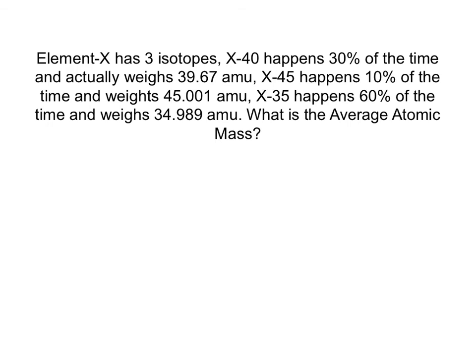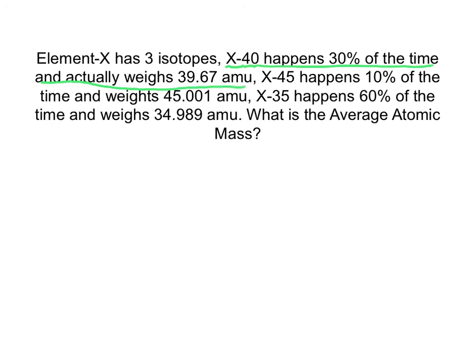All right, so here we go. This one is written as difficult as I could write them out, and you're going to see that it's still the same process. We're going to read through it together. It says element X has 3 isotopes. The first one, X40, happens 30% of the time and actually weighs 39.67.